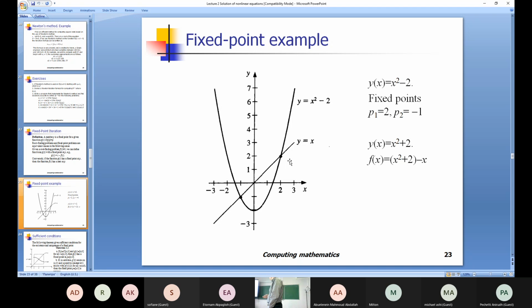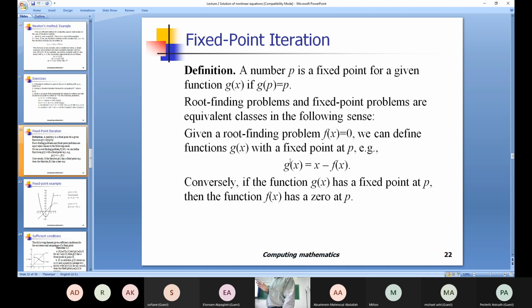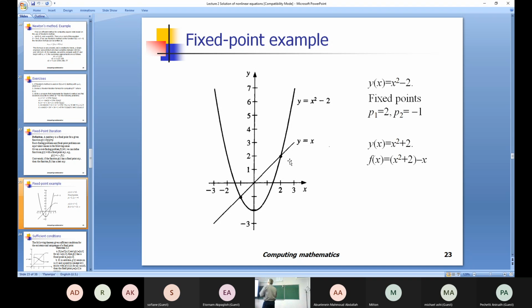Let's consider again the first problem. Y of x equals x squared minus 2.